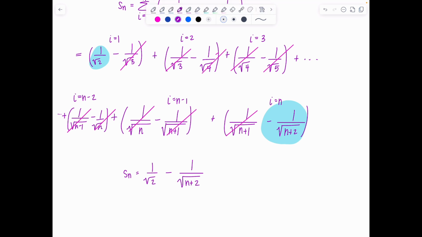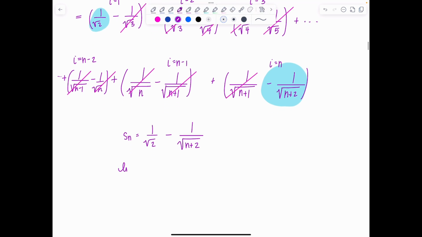All right, so what do we do once we have that? Well, we take the limit as n goes to infinity of s sub n. This is how you always deal with telescoping sums, okay? And this right here will tell me whether or not my series converges or diverges. Well, as n gets very, very large, 1 over rad 2 is just a constant. 1 over rad n plus 2 is going to approach 0.